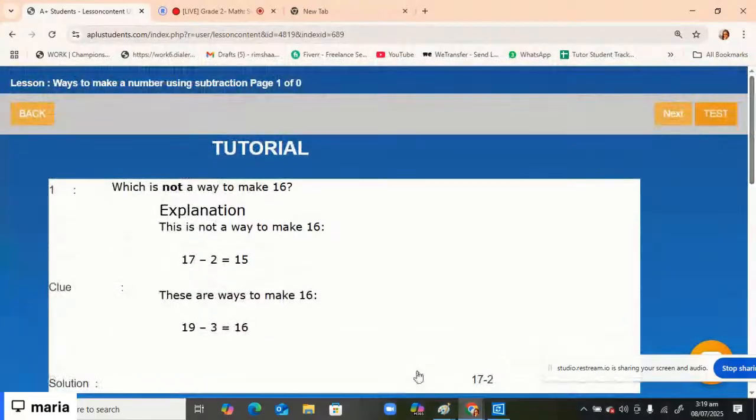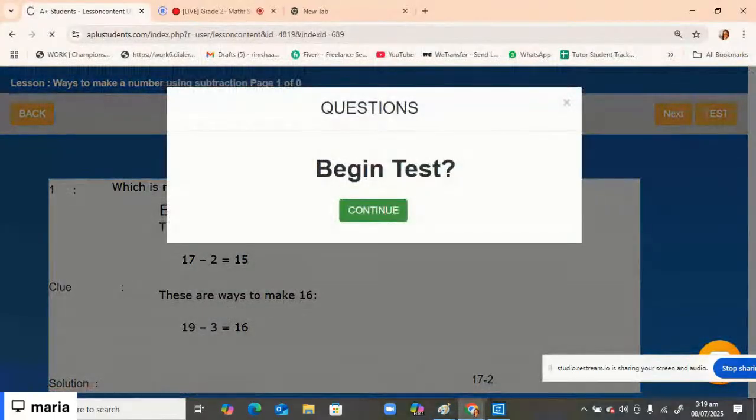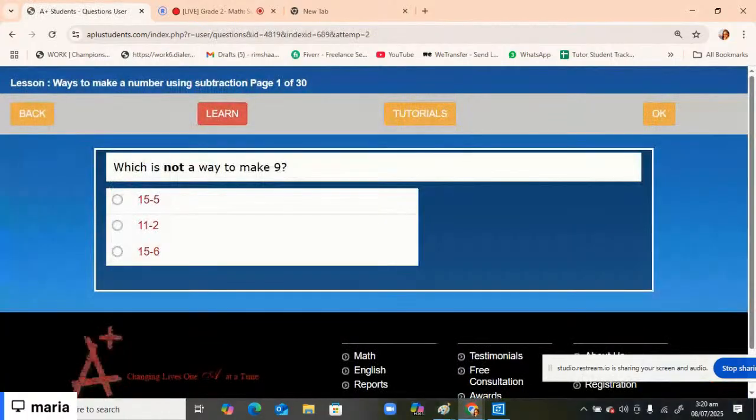Now let's do the test questions. And this time you tell me the answers. Which is not a way to make 9? We are going to check all of it one by one. Okay? First option, 15 minus 2.